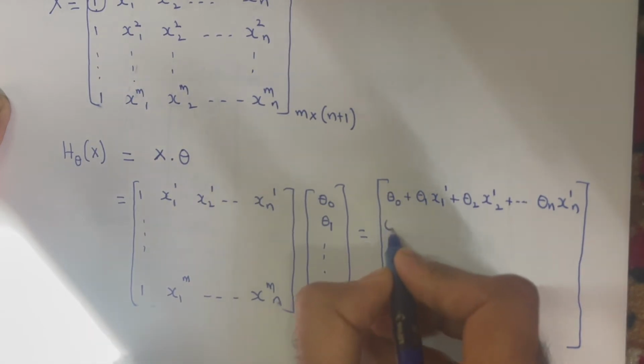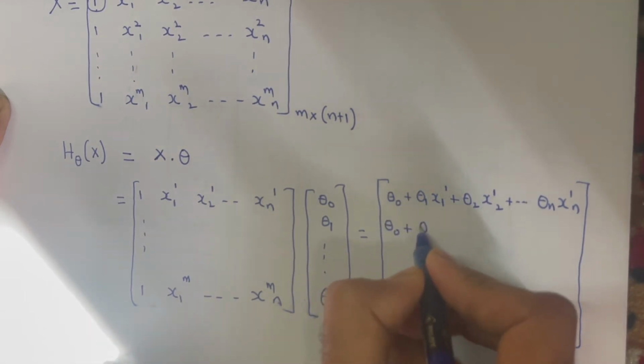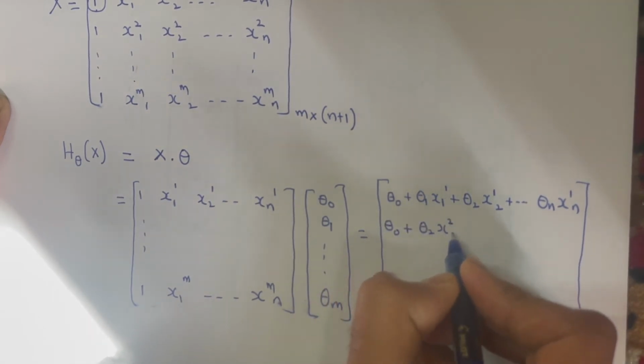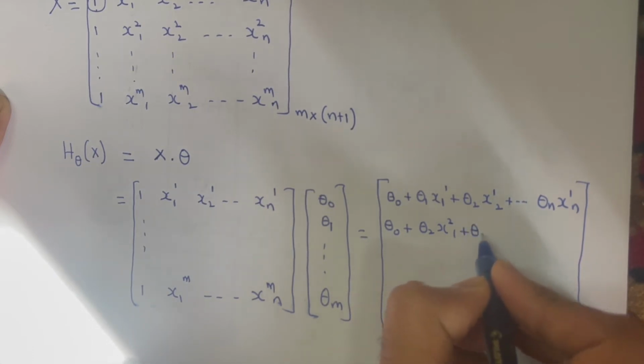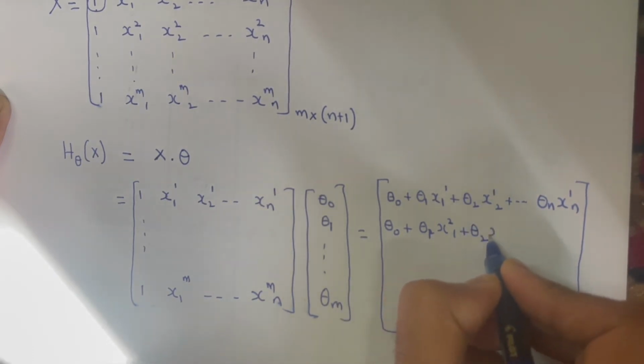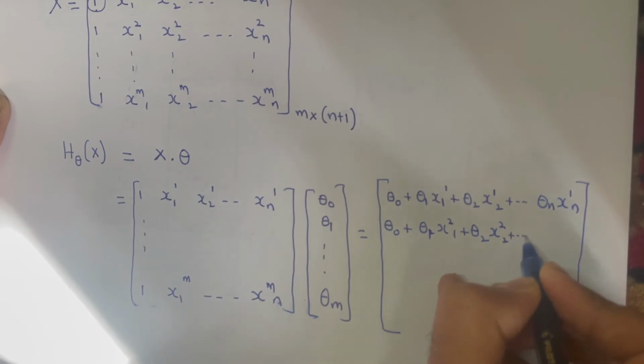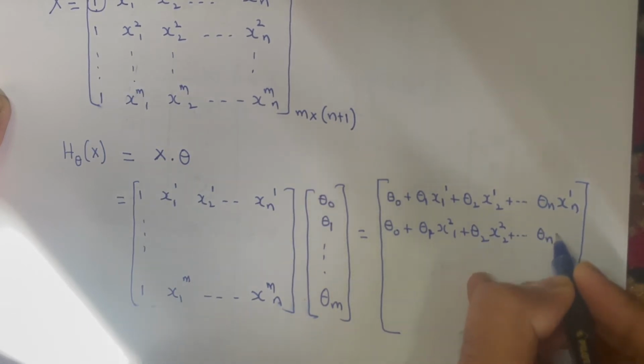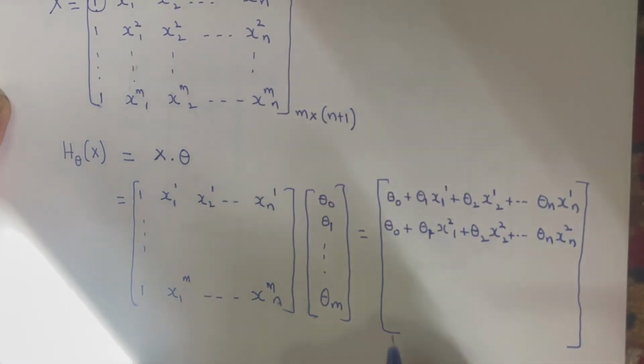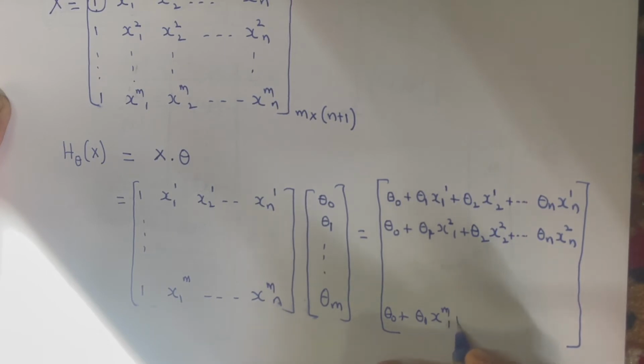Likewise the second will be theta 0 plus theta 1 x21 plus theta 2 x22 plus ... theta n x2n. And the last will be theta 0 plus theta 1 xm1 plus ... theta n xmn.